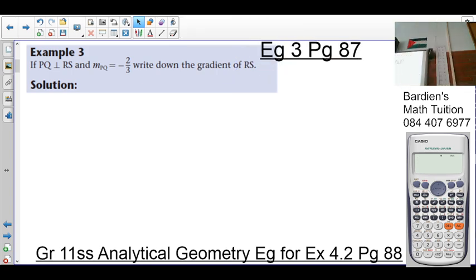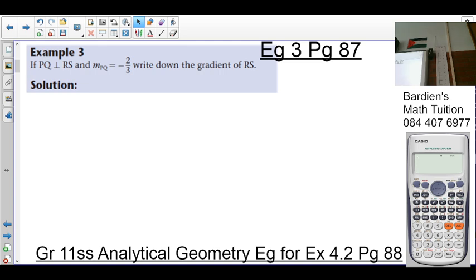So we are told if PQ is perpendicular to RS. What's the difference between this and when we have to prove it? Yeah, they're telling us it's perpendicular. So the condition is there. We know that the gradient of PQ times the gradient of RS is minus 1. You understand? I can use that in my calculation.